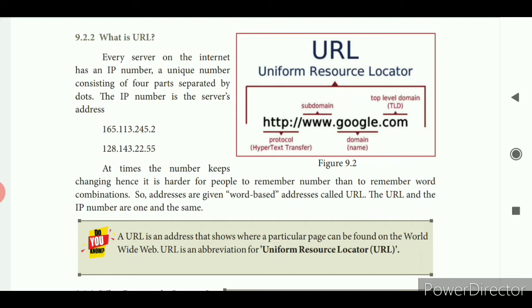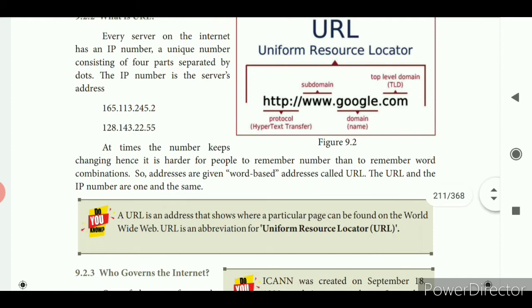Every server on the internet has an IP number, a unique number consisting of 4 parts separated by dots. The IP number is the server address. For example, 165.113.245.2.